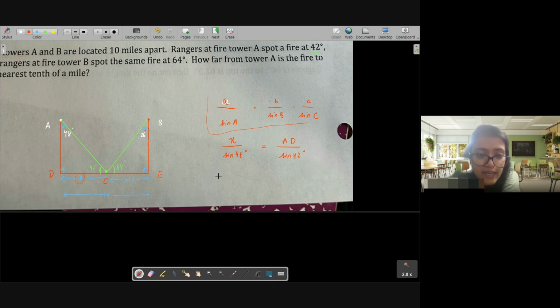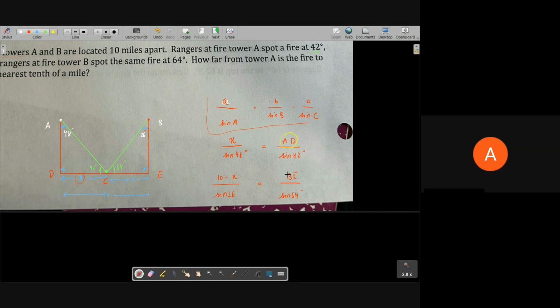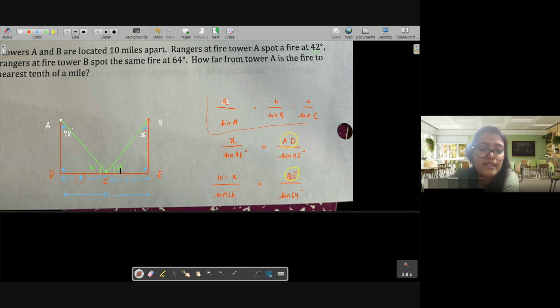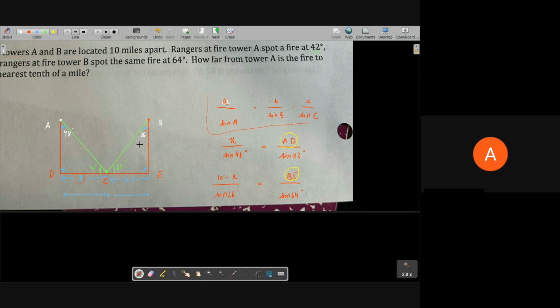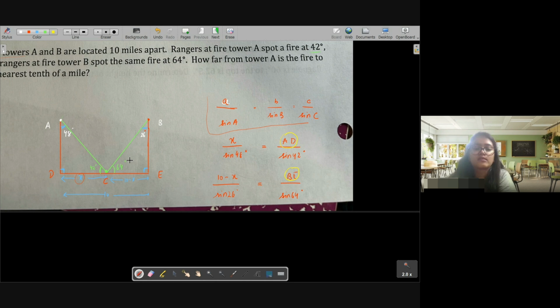So 10 minus x over sine of 26 is equal to BE over sine of 64. Now the good thing is that AD and BE are the same. Wait, sine of 26? I thought it was 56. No, 90 minus 64. Oh, my bad. That's 26.